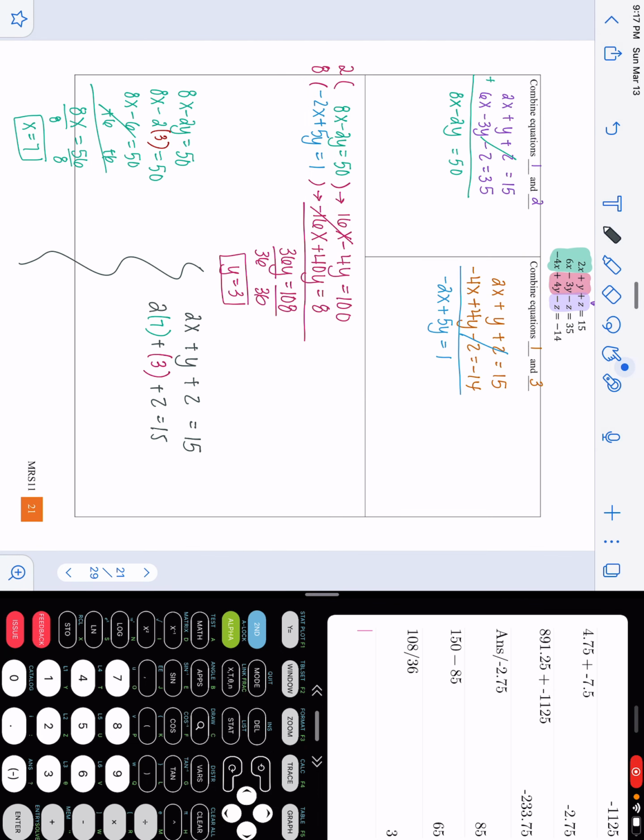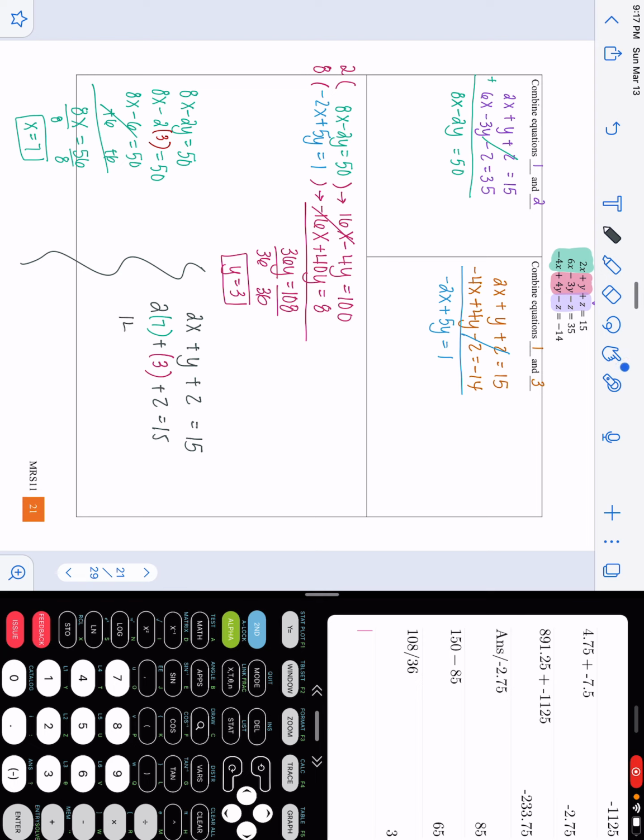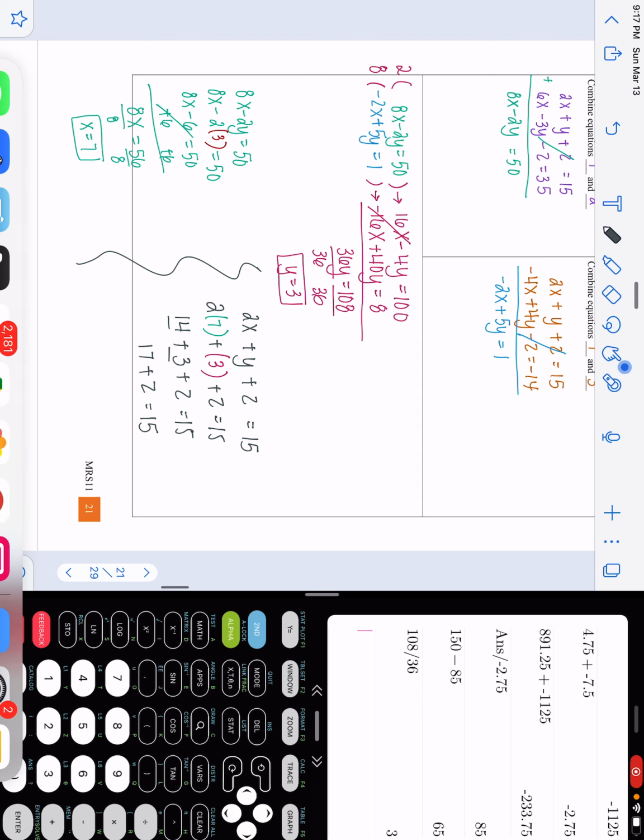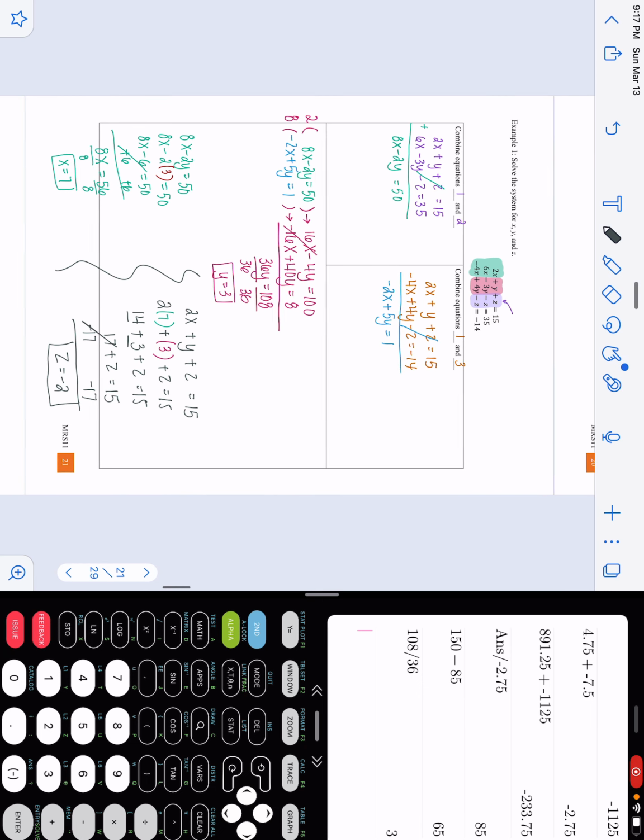So if I go ahead and distribute, I end up getting 14. Bring down the 3, bring down the z equals 15. Combine like terms, 14 and 3 gives us 17. Plus z equals 15. Minus 17 on both sides. You get z equals negative 2, and we are done.